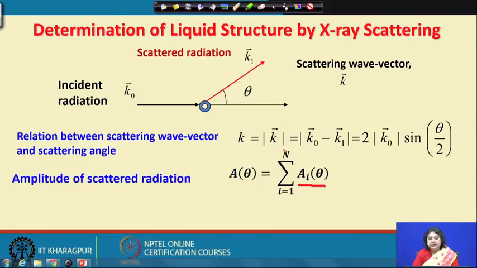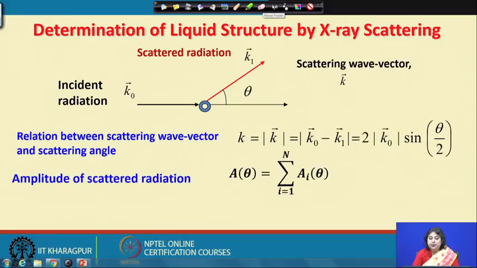So, if I have capital N atoms present in the system, and if the scattering of the ith atom is independent of the scattering from the jth atom, then I can very easily write down that the total amplitude of scattering at the angle theta will depend on the amplitudes collected from scattering originating from the ith atom, summed over all the N atoms.